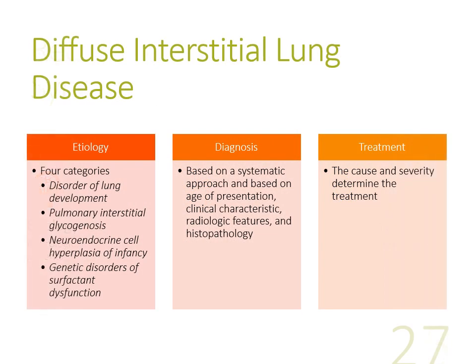Diffuse interstitial lung disease. There are 4 basic categories of diffuse interstitial lung disease: disorder of lung development, pulmonary interstitial glycogenosis, neuroendocrine cell hyperplasia of infancy, and genetic disorders of surfactant dysfunction, or surfactant that doesn't work.